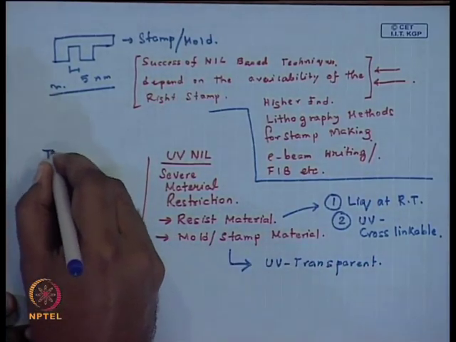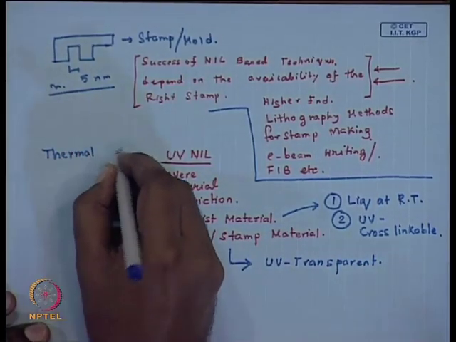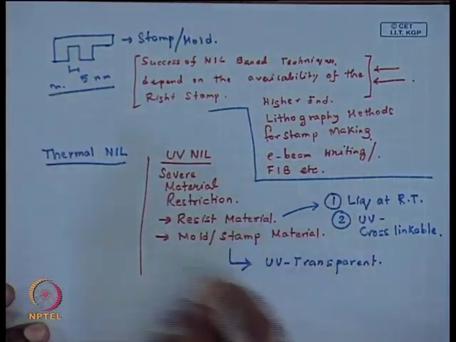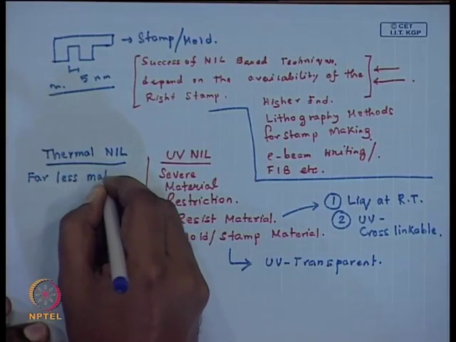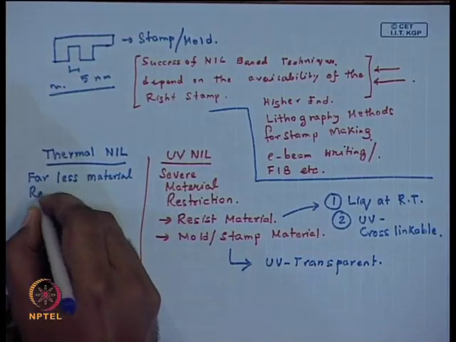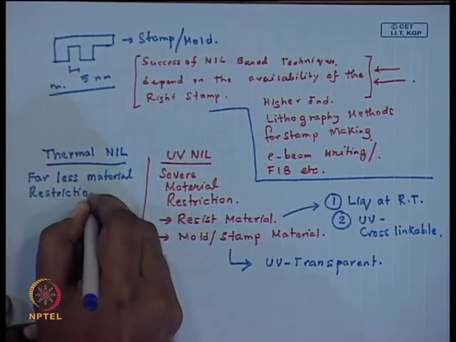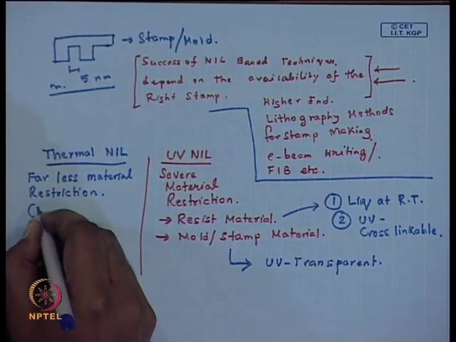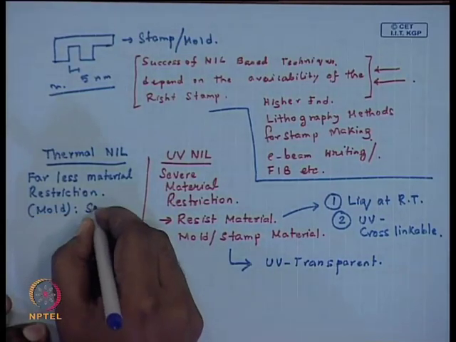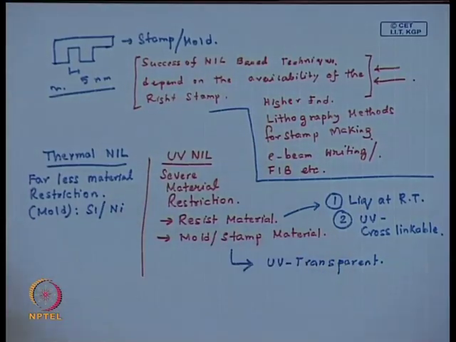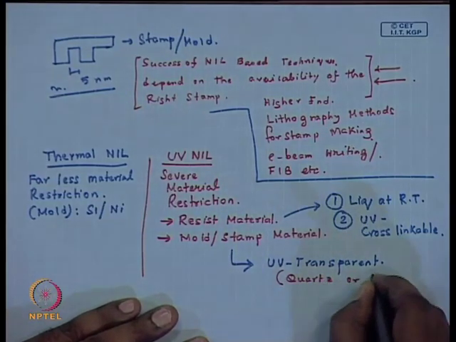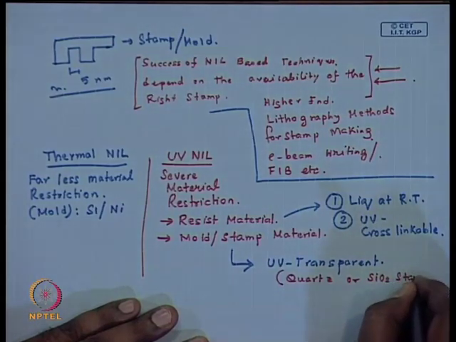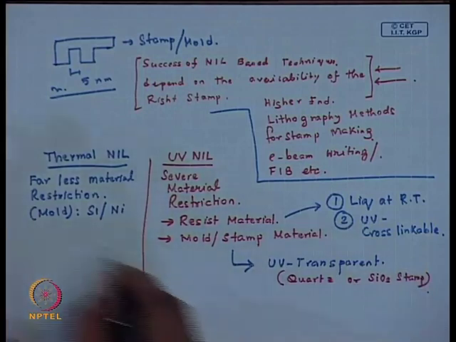In thermal nano imprint lithography, there is far less material restriction. You can have a stamp or a mold of any material, it can be silicon, it can be nickel. Here, since it has to be UV transparent, it almost automatically implies that you need a quartz or silica stamp which is UV transparent.